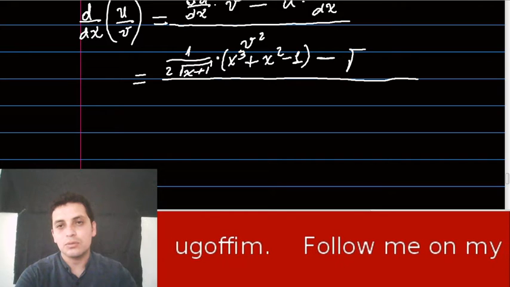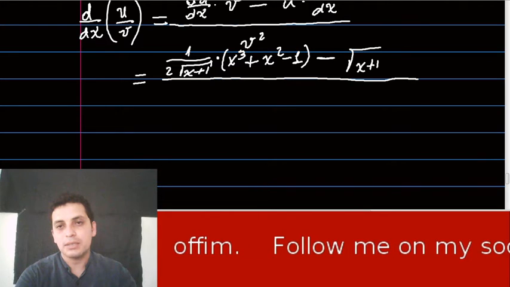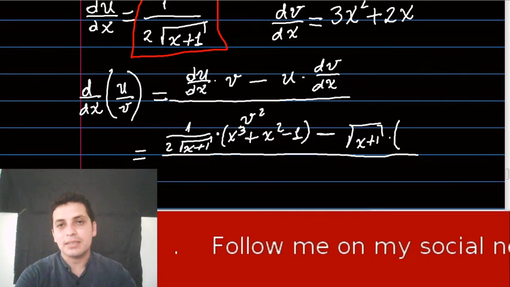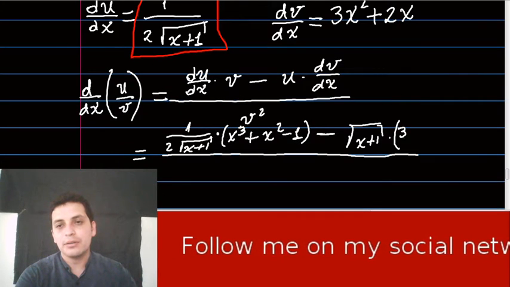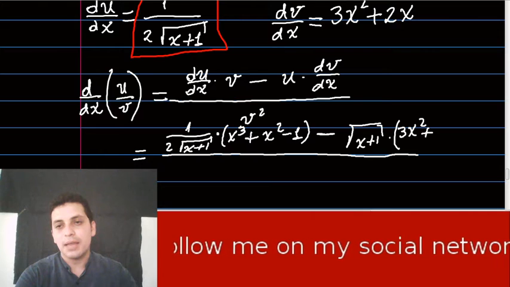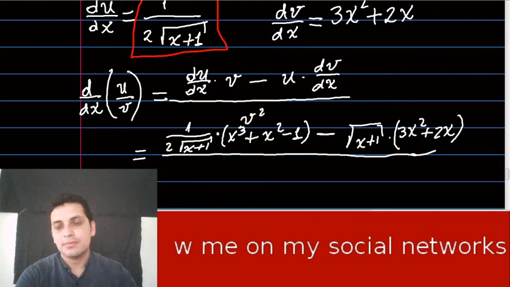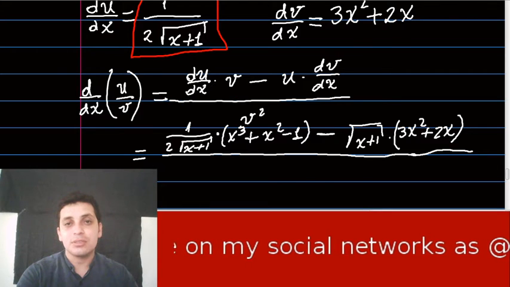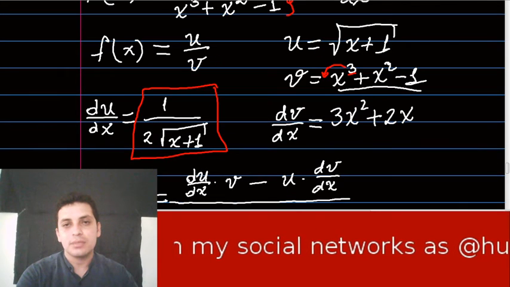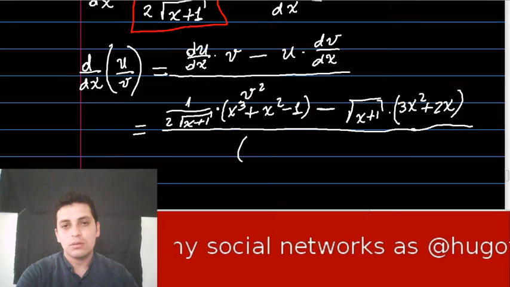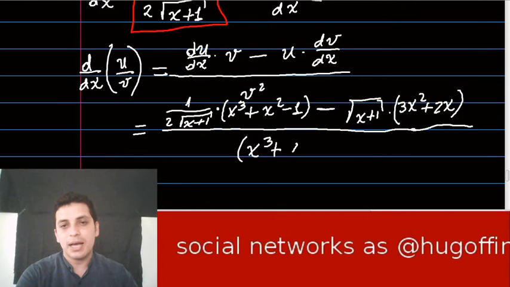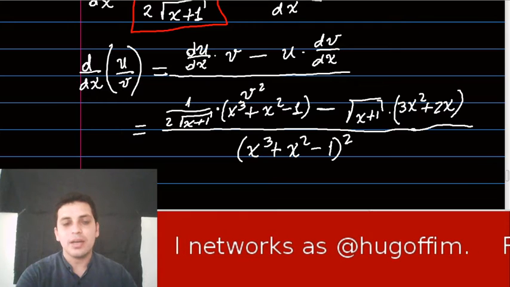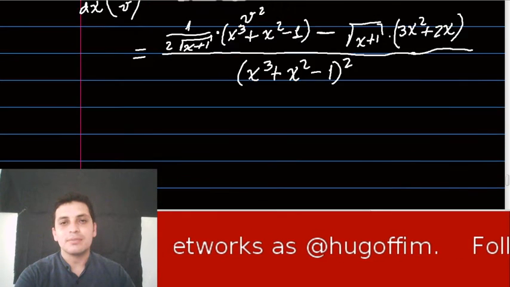So root x plus 1 times dv dx, 3x squared plus 2x, divided by v squared. So v squared, v is this, so x cubed plus x squared minus 1 to the second power. Okay, so that will be the derivative.